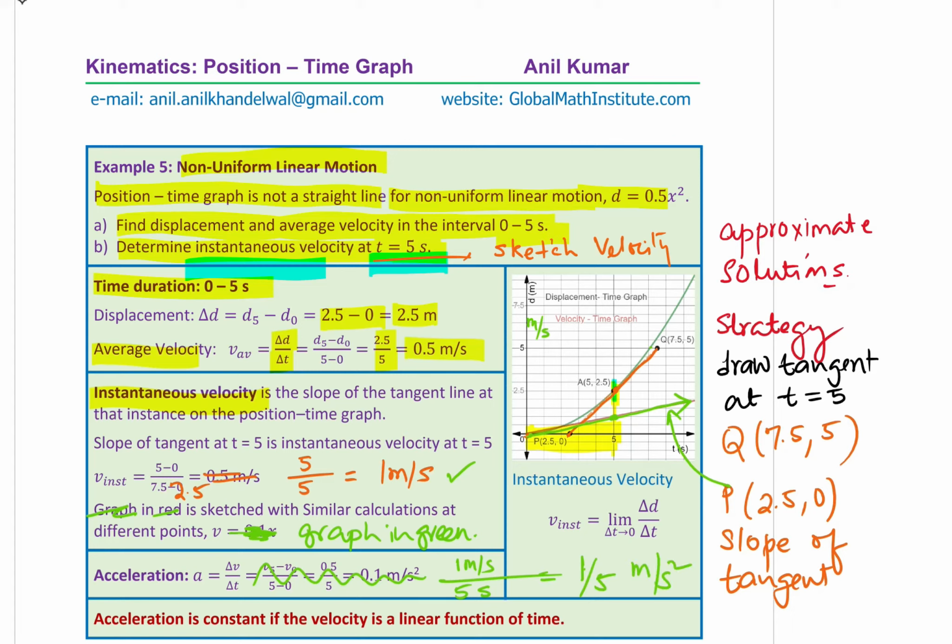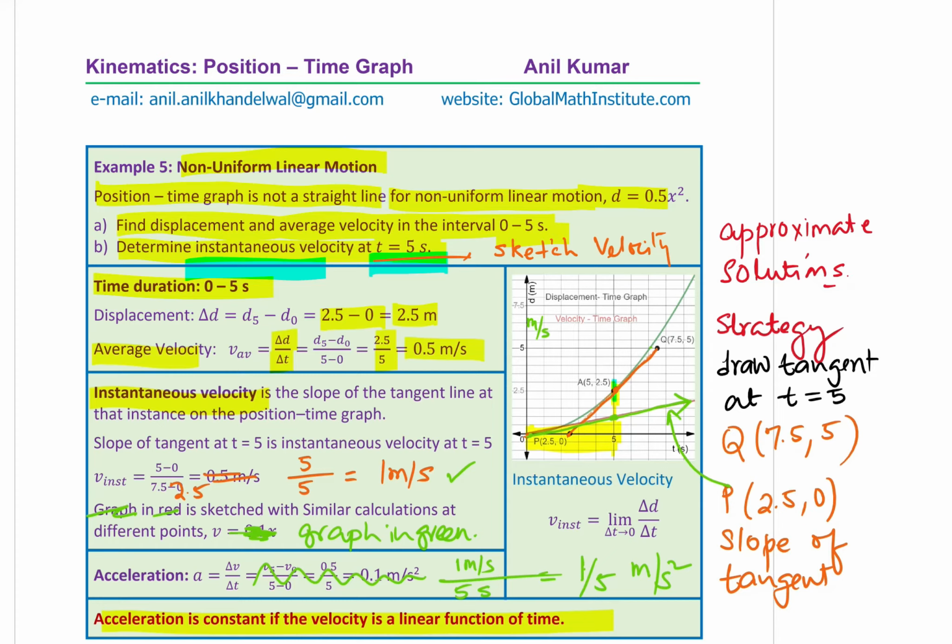So that is how we get our acceleration in this particular case. We found that we can find acceleration, which is constant in this case, if the velocity is a linear function, and from the slope of the line we get the constant value of the acceleration. Perfect. So that is how it is to be done.